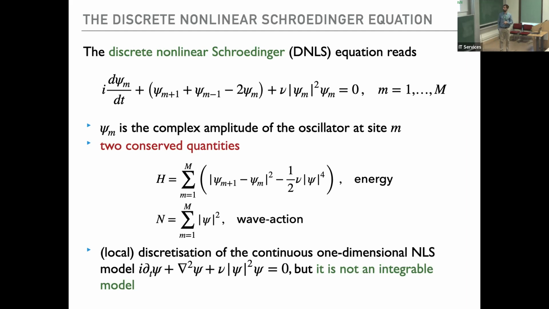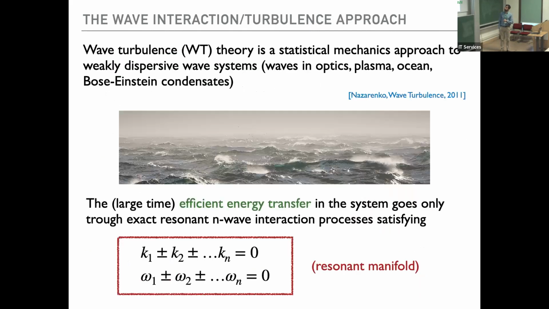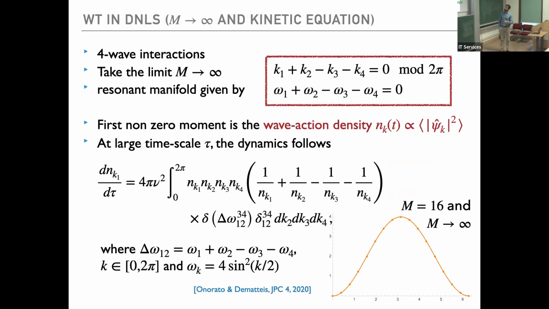Yeah. So I think I see your point, and it's actually a very good point. What we numerically solve is the DNLS equation. But when we derive the kinetic equation, we take the thermodynamic limit, okay?